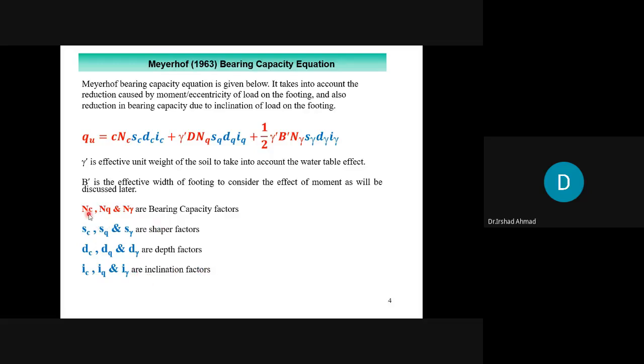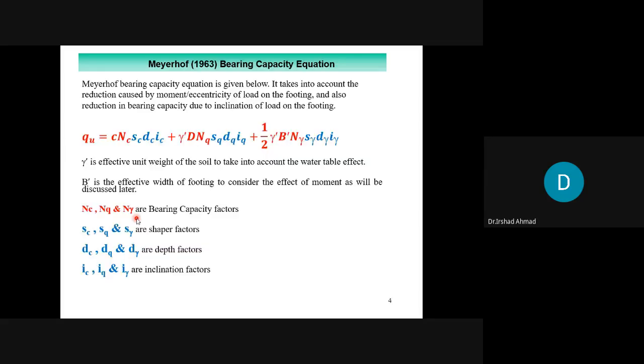The bearing capacity factors NC, NQ, and N gamma are different than those proposed by Terzaghi, because they depend upon the failure mechanism that is taken into account, and the failure mechanism assumed by Meyerhof is different than that of Terzaghi. In Terzaghi's bearing capacity factors, you use a table or a graph, right, to find NC, NQ, and N gamma, but in Meyerhof he has equations.